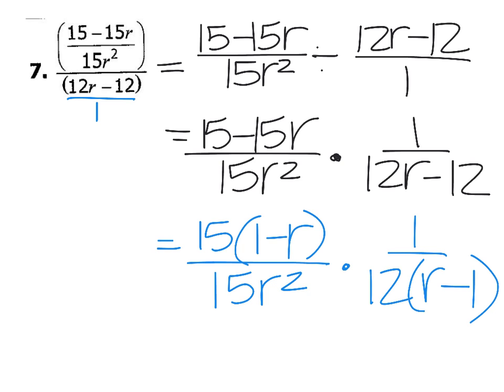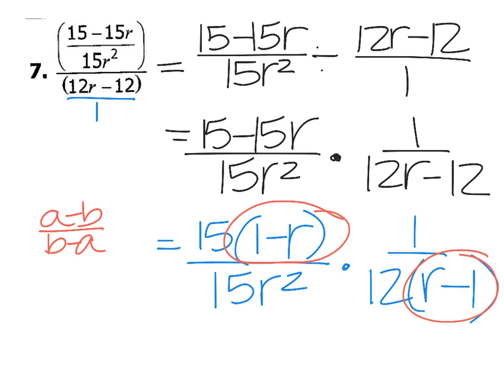Now, remember our rule when we have a minus b over b minus a. That's what we have here, 1 minus r over r minus 1. This is going to simplify to negative 1. So these will cancel out and we're left with a negative 1. Now we can cancel out the 15 and 15.